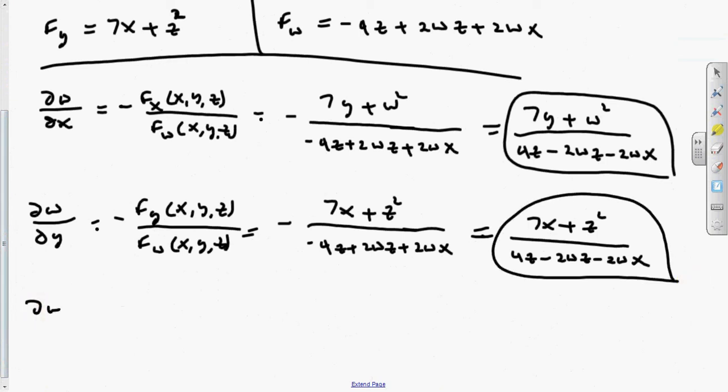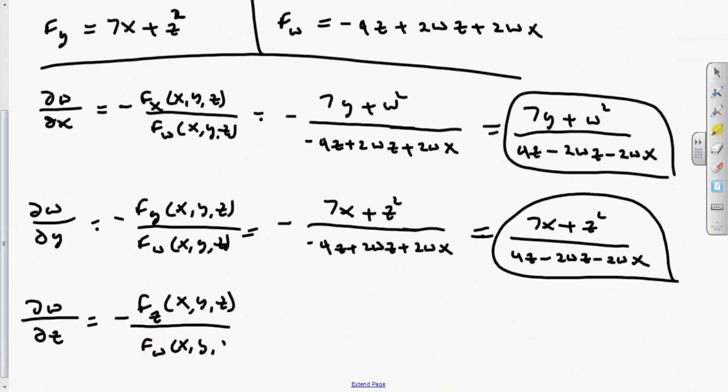And then the partial of w with respect to z is negative f sub z of x, y, z all over f sub w of x, y, z.